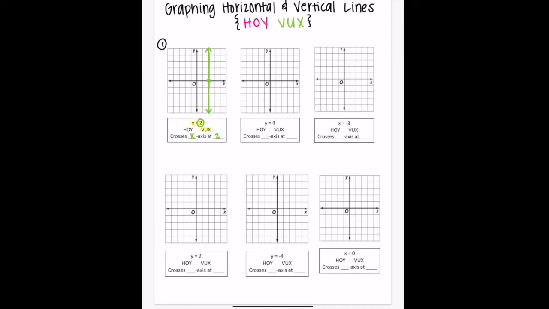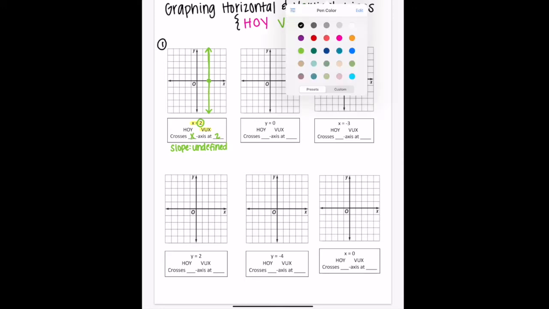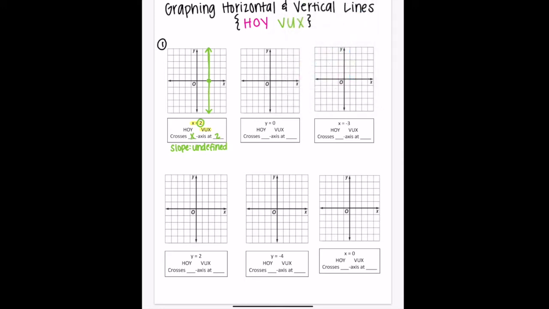Now, why does this have an undefined slope? So let's say we want to find the change in y over change in x.